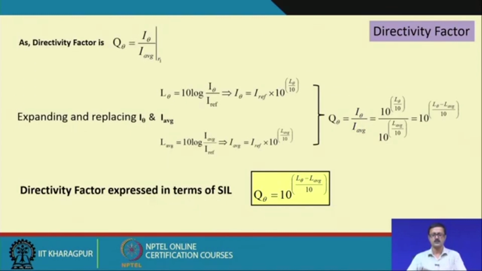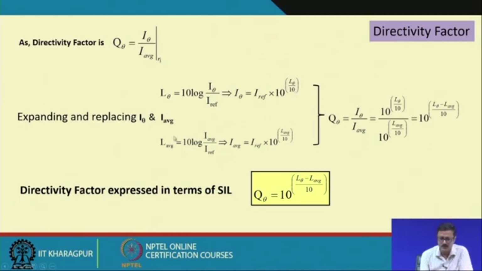So, this particular computation, if you can do it, now L theta can be rewritten in this format, and I can be written this way: I reference into 10 to the power L theta by 10.